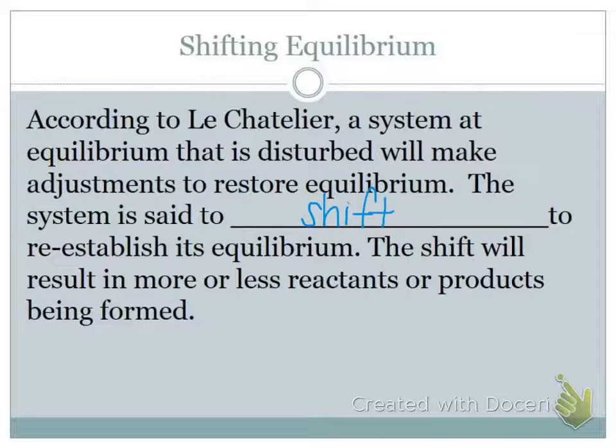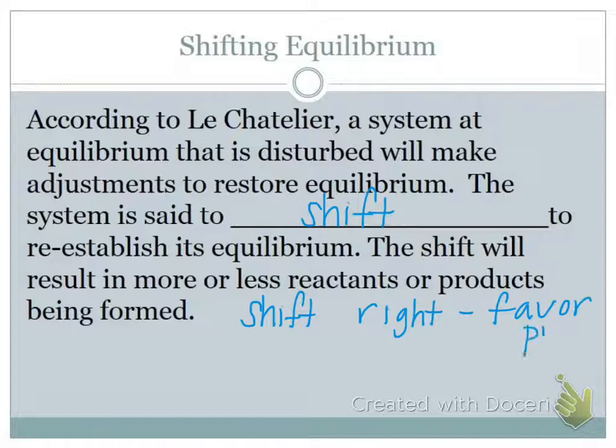Okay, and it will shift either to make more product, or it will shift to make more reactants in order to reestablish that equilibrium. So when we say shift right, that means we are favoring our products, meaning more products would be made. That says product, I ran out of room.